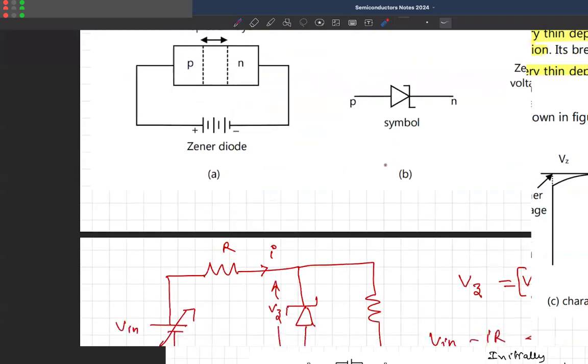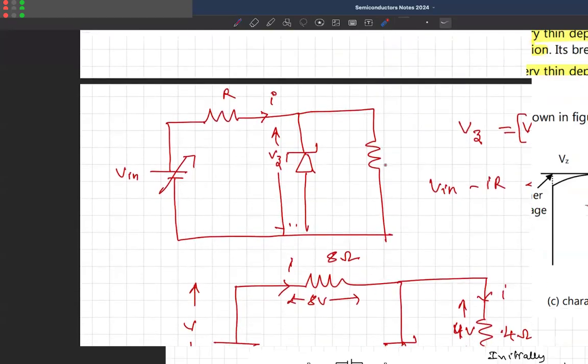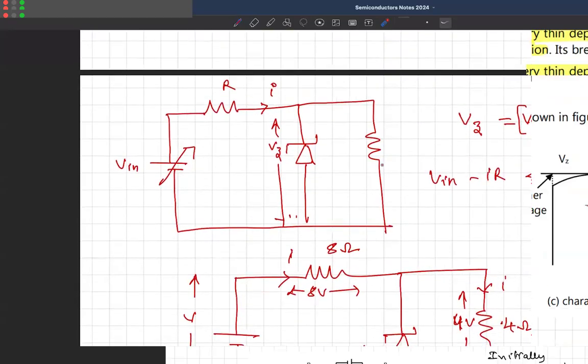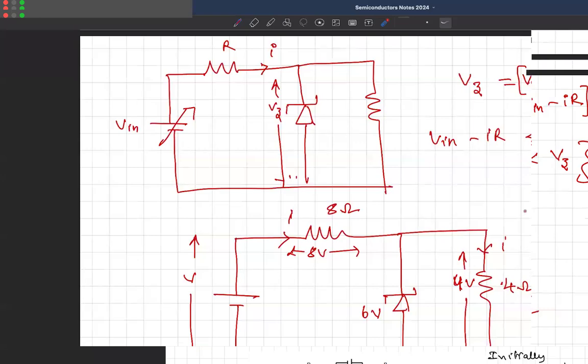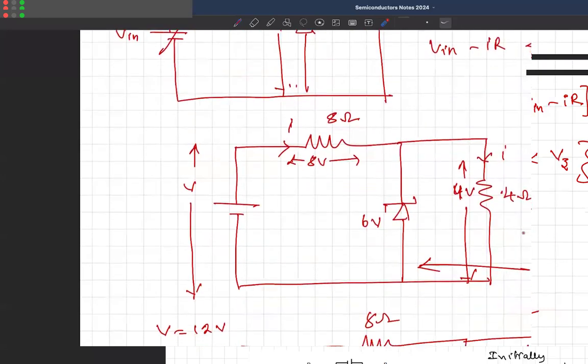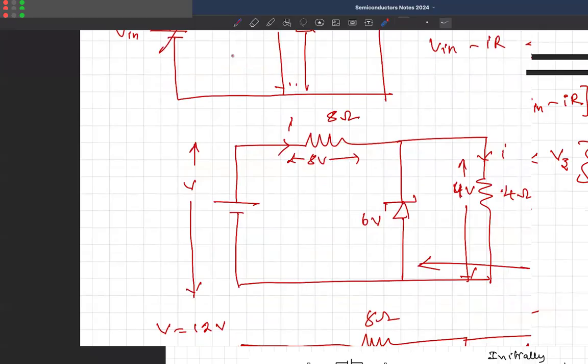Okay, now I just want to show you a simple circuit with a Zener diode. This is some varying input source, series resistance, Zener diode, and a resistor. For example, for our purpose, we are taking some 6 volts.